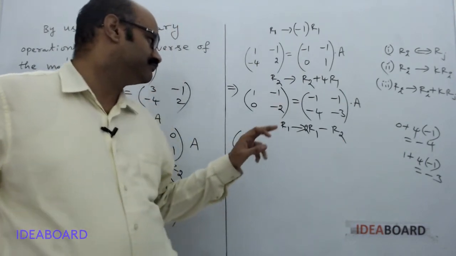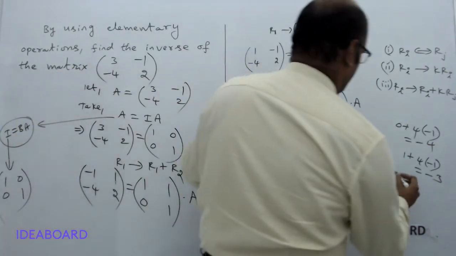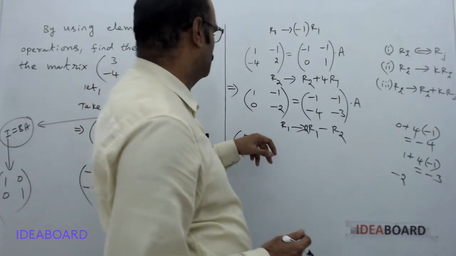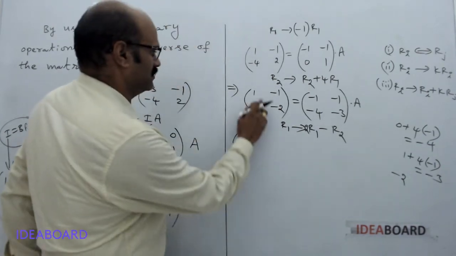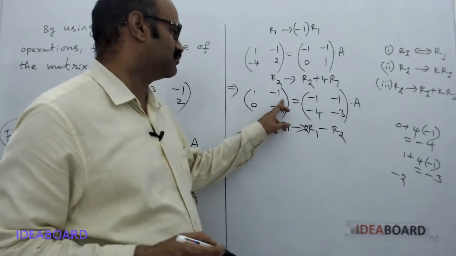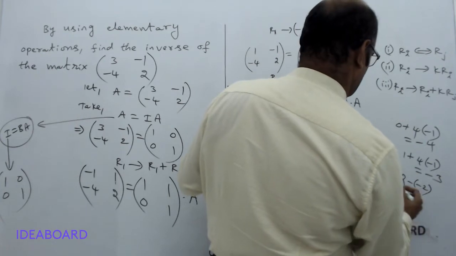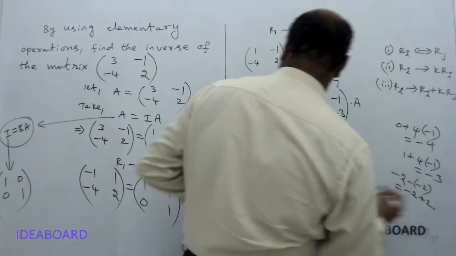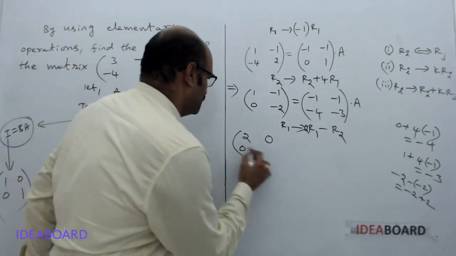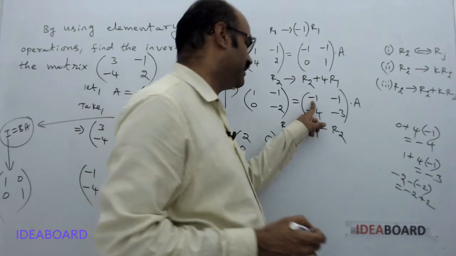Now minus 2 into this one. Sorry, this is 2. Now 2 into minus 1, minus 2. Next, minus of minus 2 equal to minus 2 plus 2, 0 it is. Now this is same. 0 minus 2 equal to. Now multiply this one by 2.